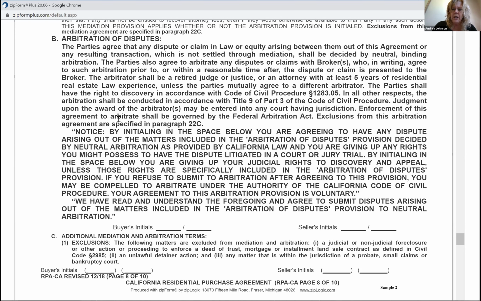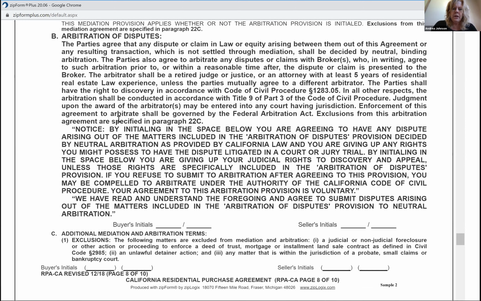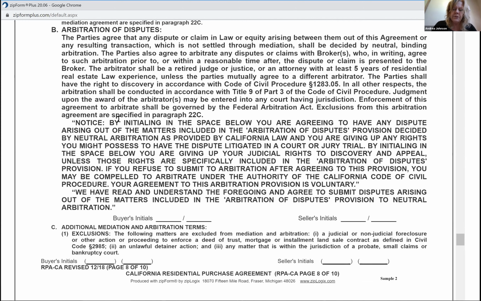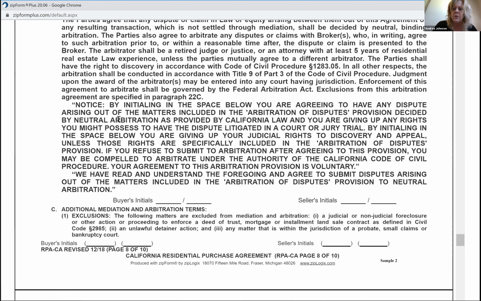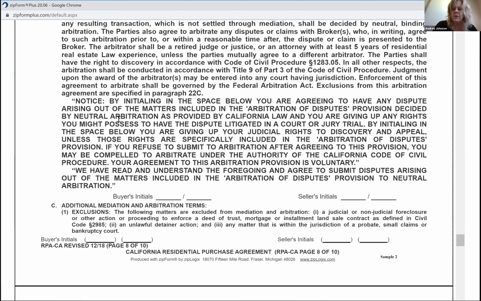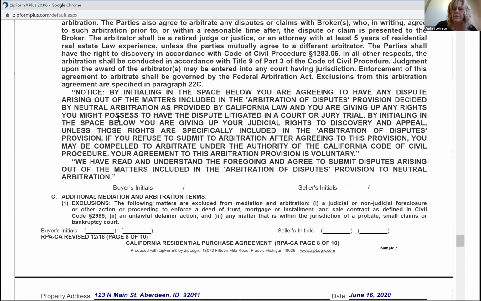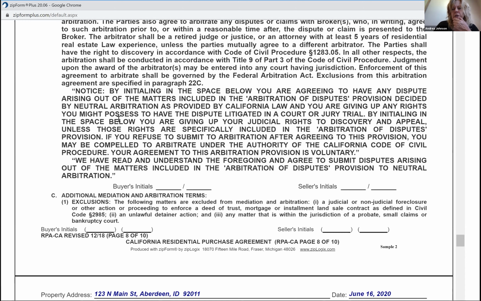The parties shall have the right to discovery, which is the same thing that happens in a court proceeding, in accordance with the Code of Civil Procedure. In all other respects, the arbitration shall be conducted in accordance with Title 9 of the Code of Civil Procedure, and judgment upon the award of the arbitrators may be entered into any court having jurisdiction. So enforcement of this agreement to arbitrate shall be governed by the Federal Arbitration Act.